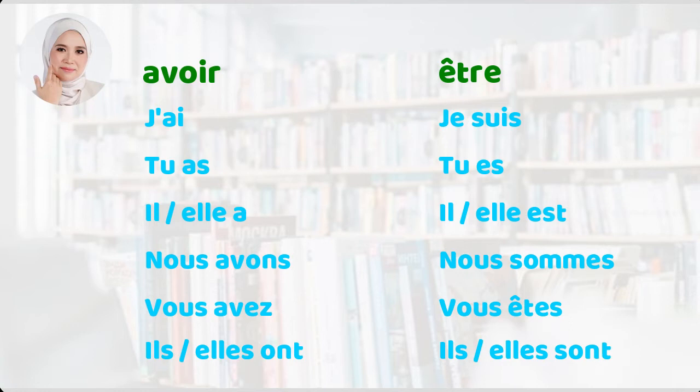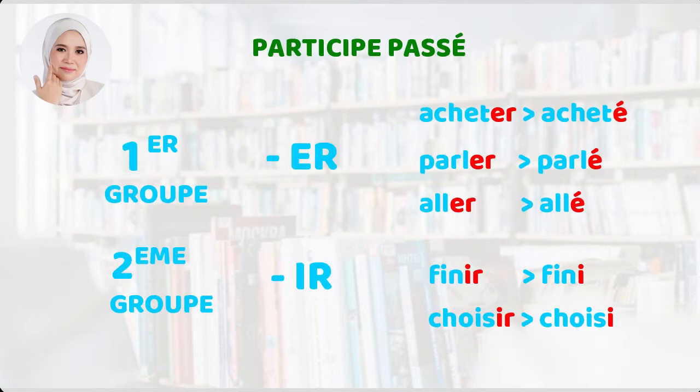Now, let's look at how the main verbs of passé composé are transformed or changed to the participe passé, or what we call past participle. By now, you should be able to tell how many groups of French verbs we have. You should know how to differentiate which verb belongs to which group.